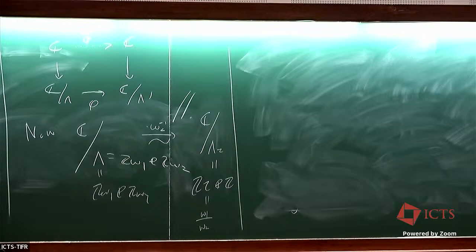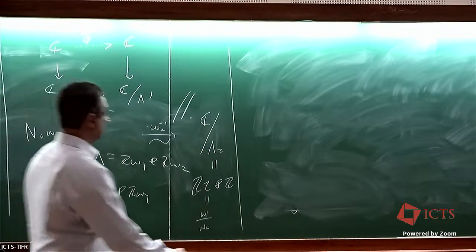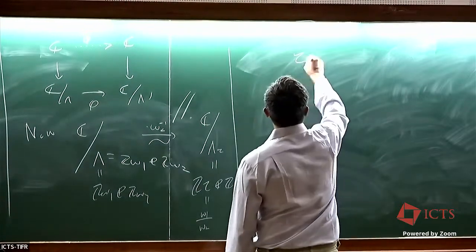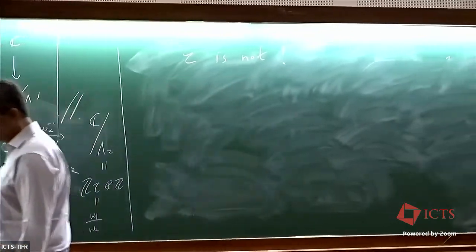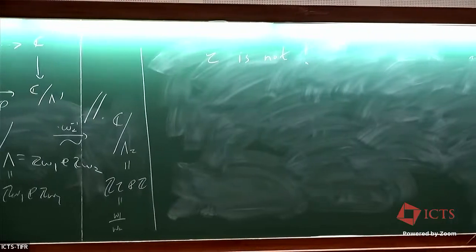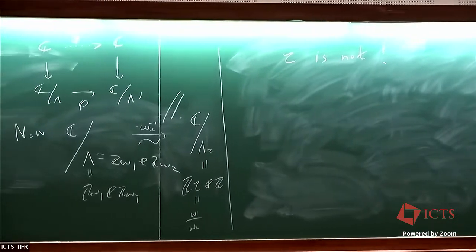Now tau is clearly not unique, because you could have started with another omega 1, omega 2, differing by some SL2Z element, and that would have been the same lambda.